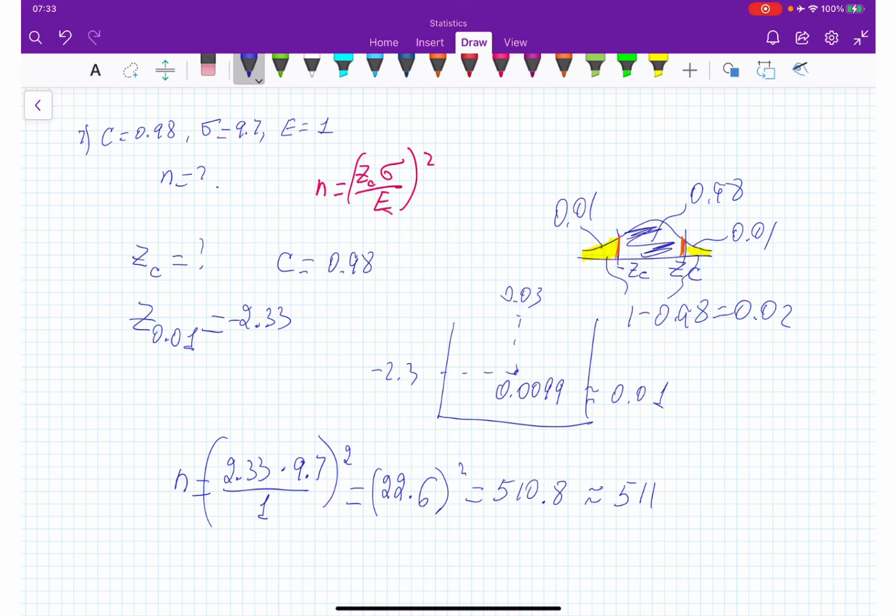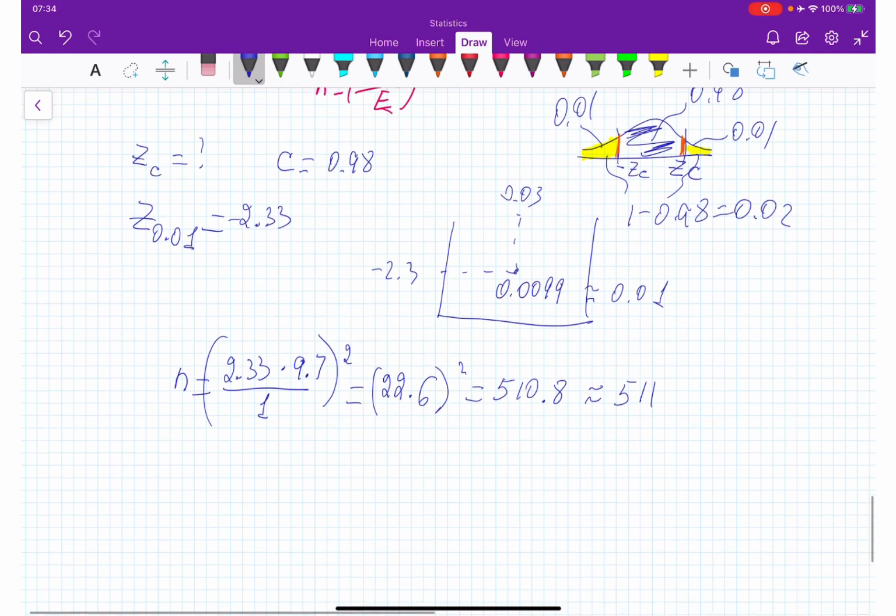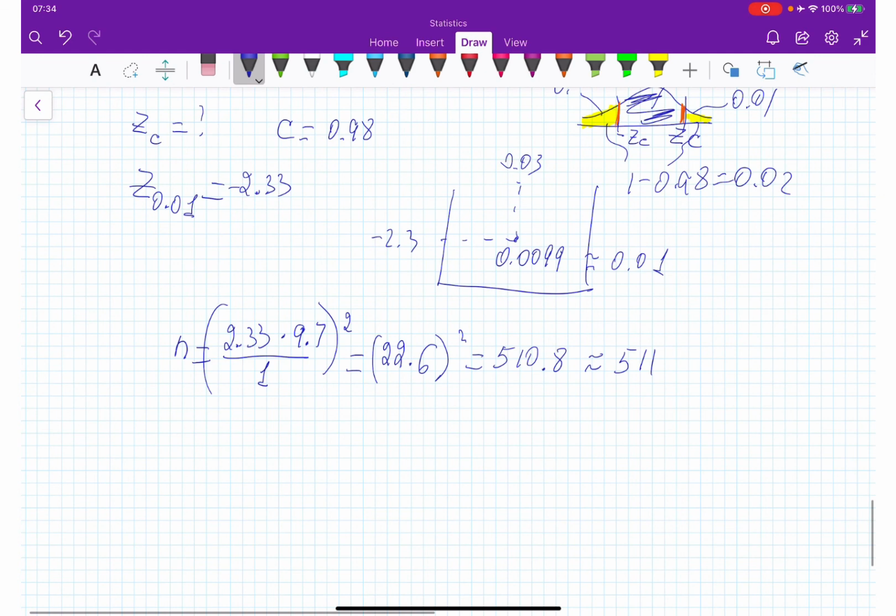The thing is with sample size, since it is going to be minimum sample size, that means you can take more, a greater size, but not less. Therefore, even if you would have 510.01, you would round it up to 511.